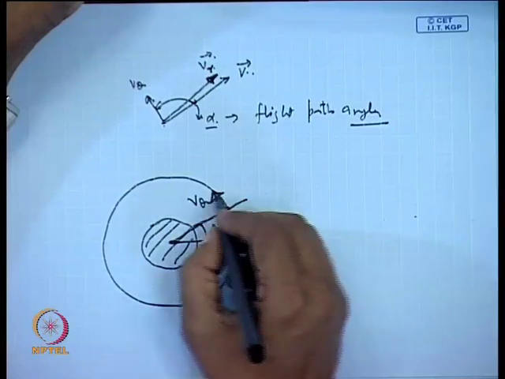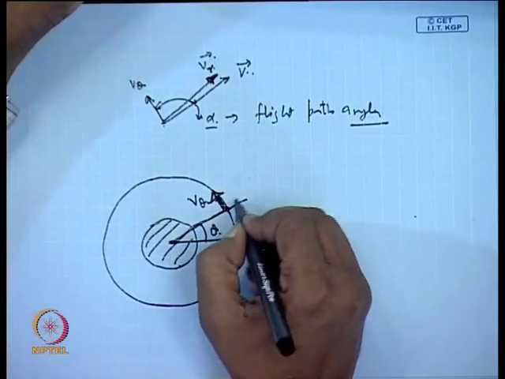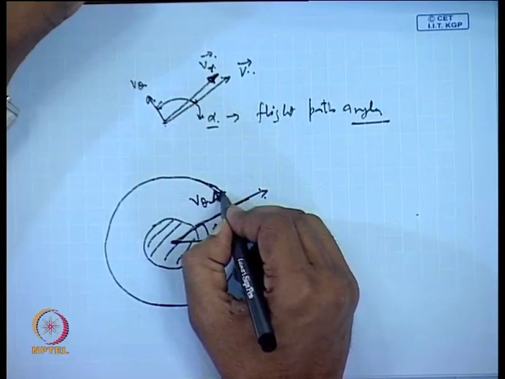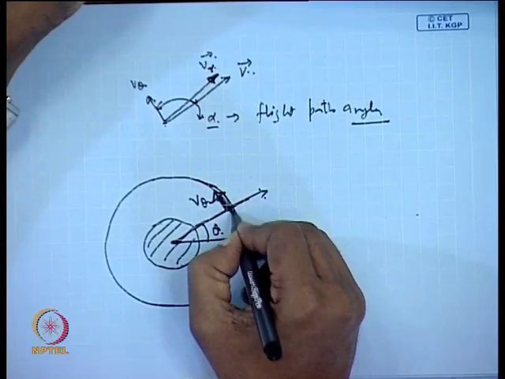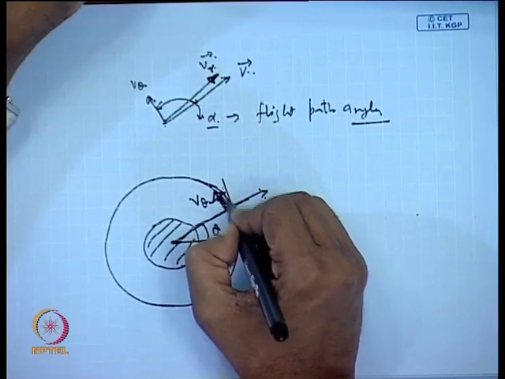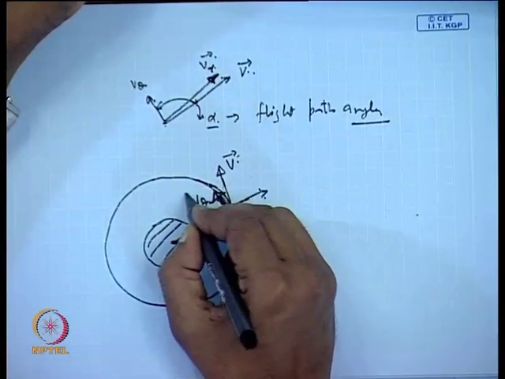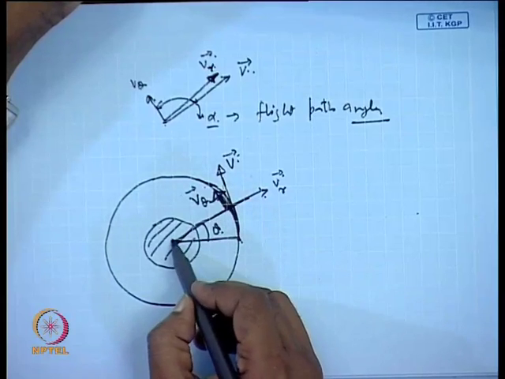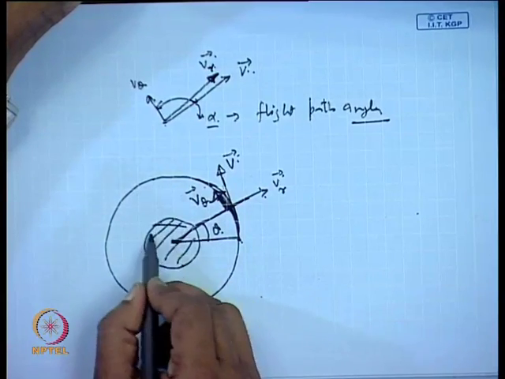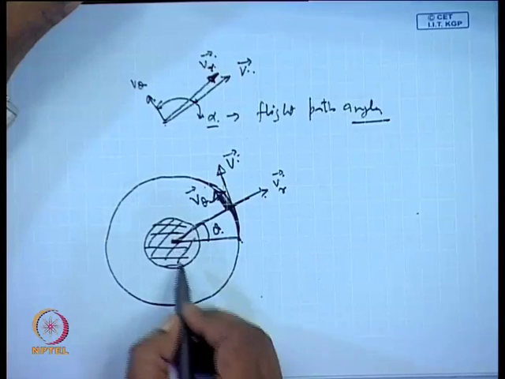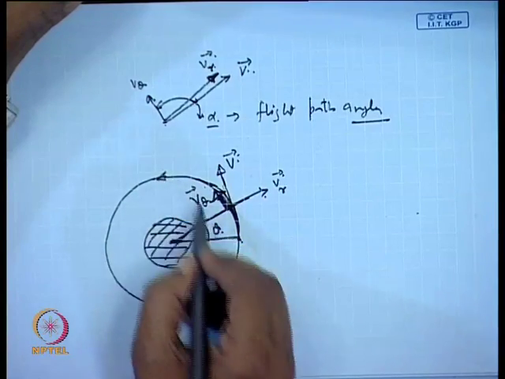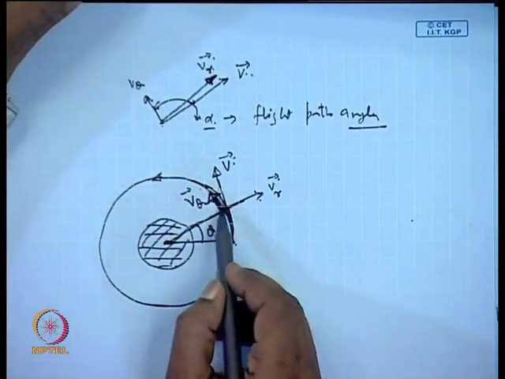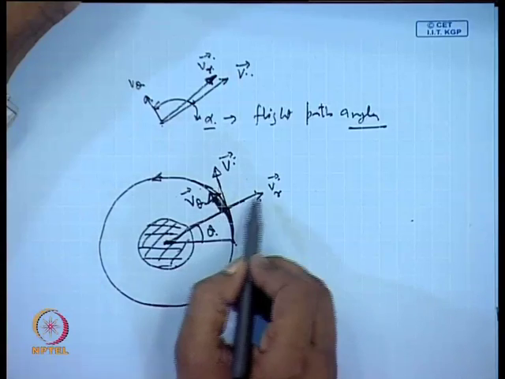So, V theta will be along this direction, and since this is elliptical, the V direction will be tangent to the path. This depicts the real picture of any heavenly body, in this case the earth, with some particle moving under gravity in an elliptical orbit or any trajectory.